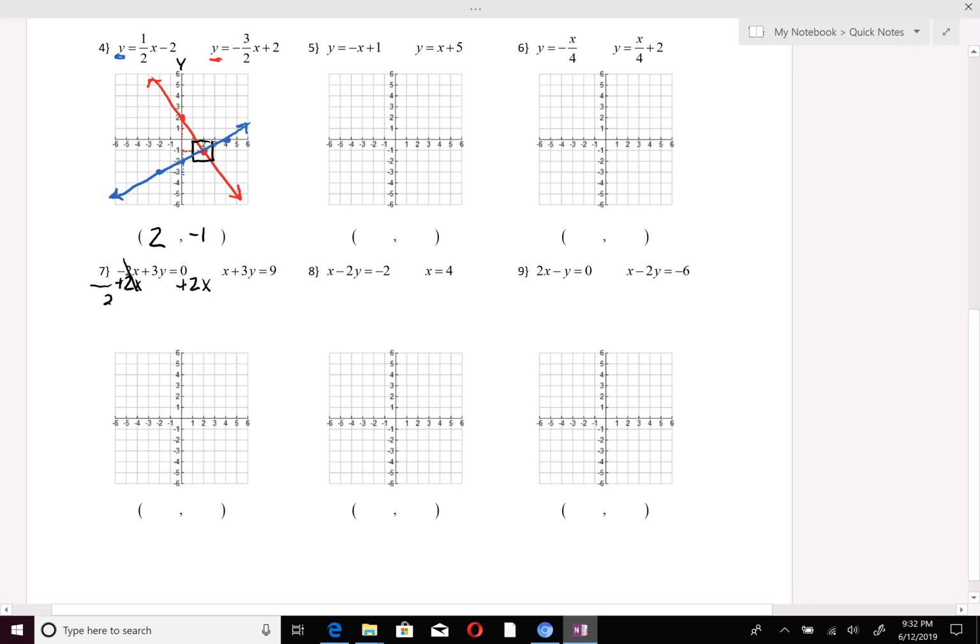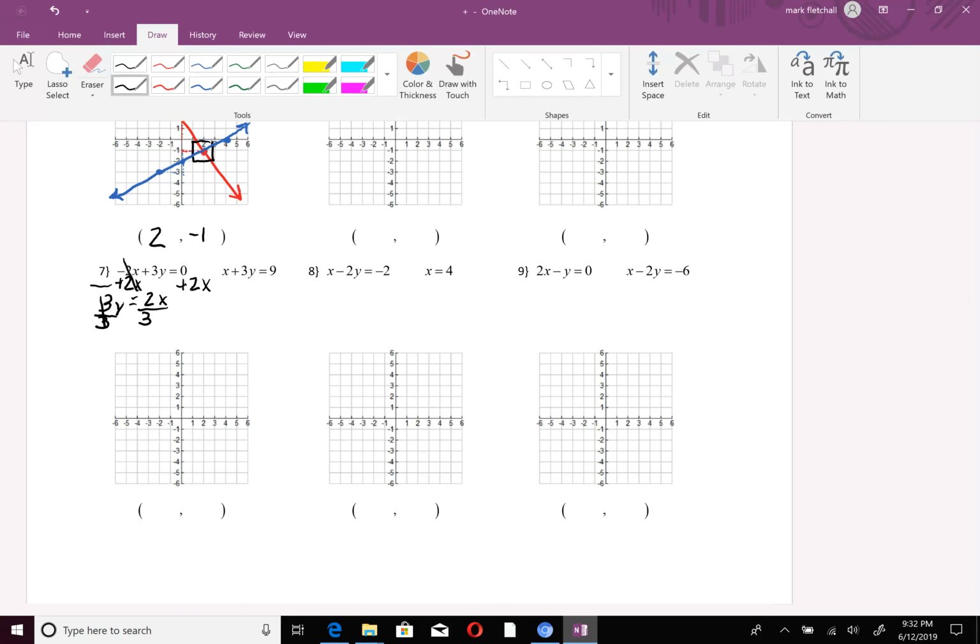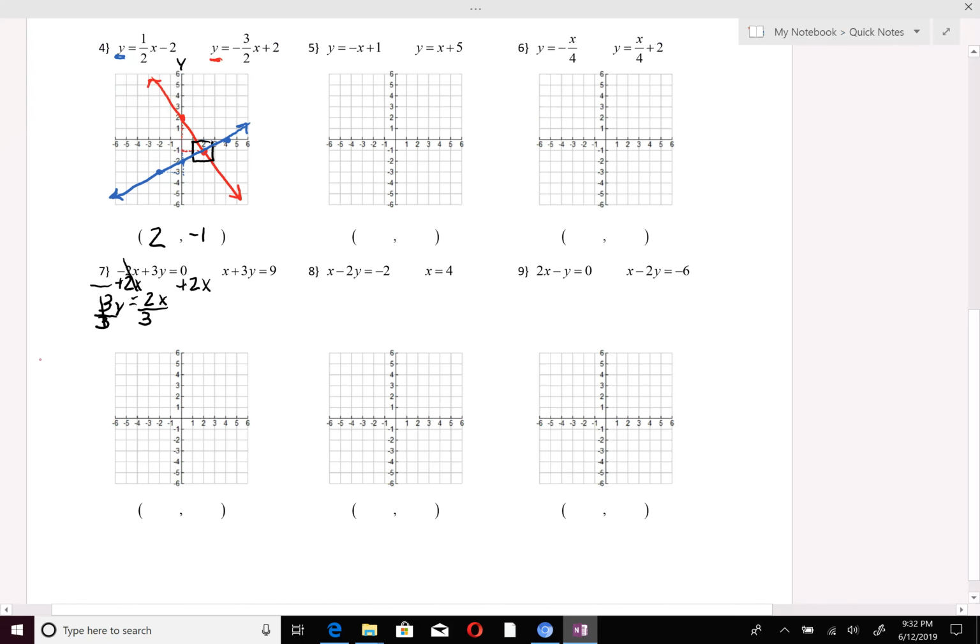So I get 3y equals +2x, and then I need that 3 to go away, so since it's 3 times y, I'll divide it off. Those cancel, and I'll divide by 3 over here. So my red line, I'll say, is y equals 2/3 x.